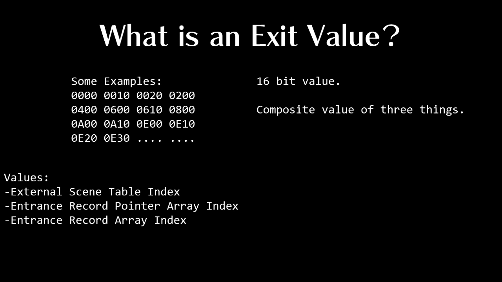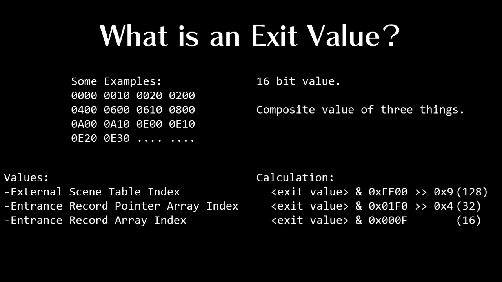Well, the calculations for each of them is as follows. For the external scene index, it's the exit value with a bitwise AND of FE00, then right shift that result by 9 bits. For entrance record pointer array index, it's the exit value with a bitwise AND of 1F0, then right shift that result by 4 bits.